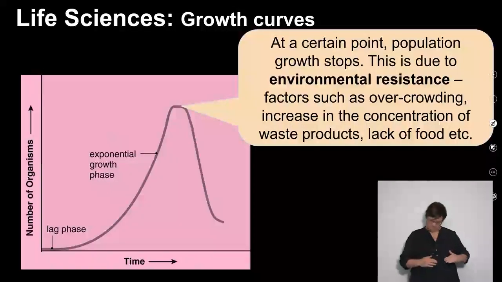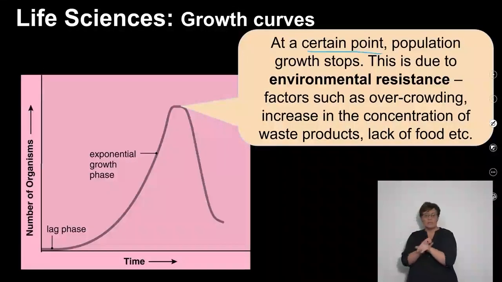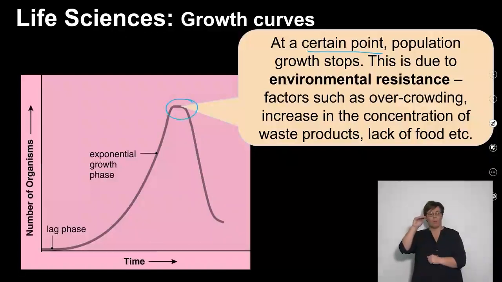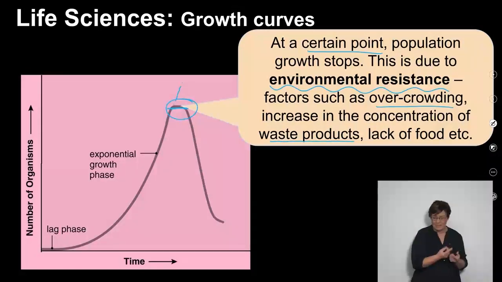We start to see that at a certain point, there we go, the population growth stops. It's not increasing, it's leveling out. And this is due to something called environmental resistance. So it could be overcrowding, it could be an increase in the concentration of waste products.